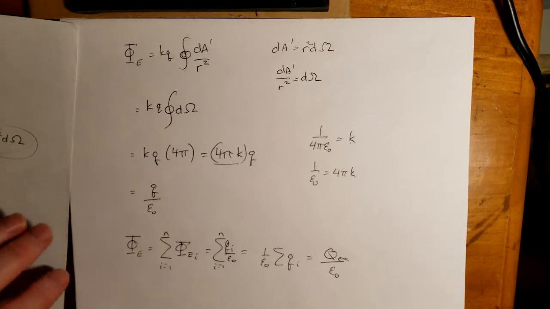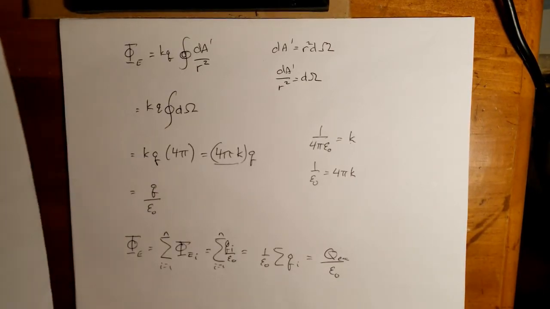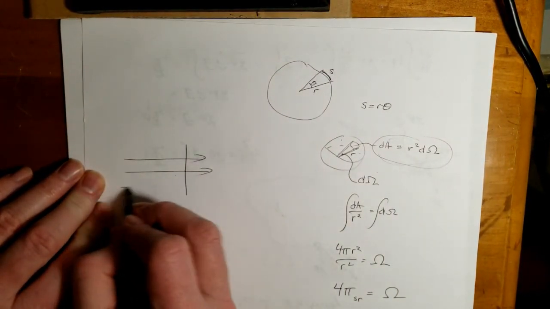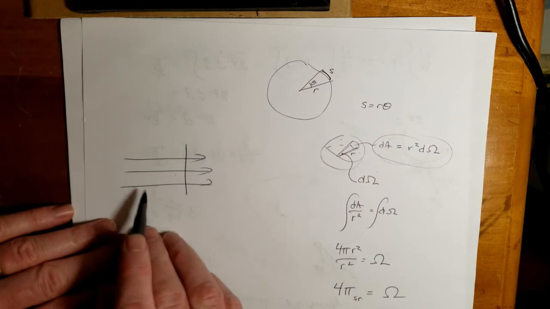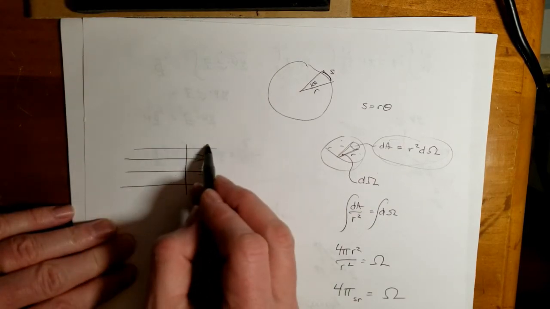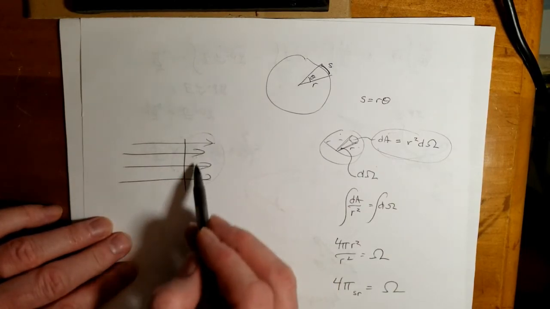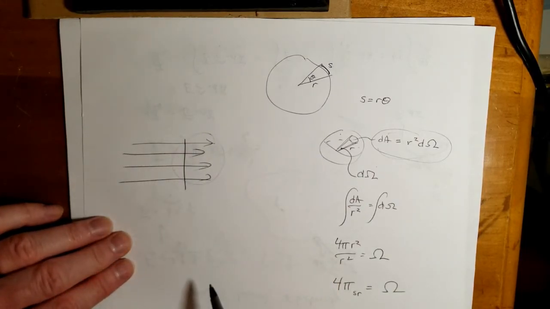Another way of looking at this when you're dealing with flux: if I have a surface right here and I have my electric field going through it, then I have a measure of the flux. One way of looking at it is the number of electric field lines that pass through the surface.